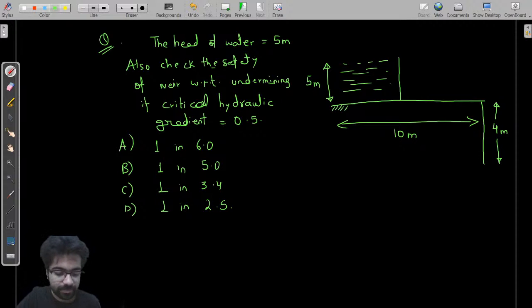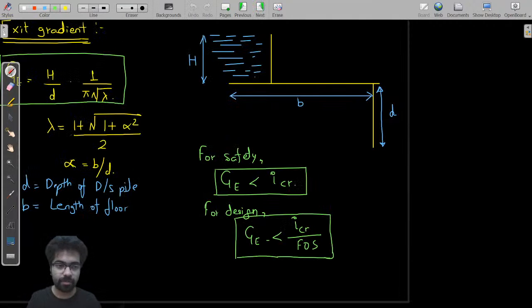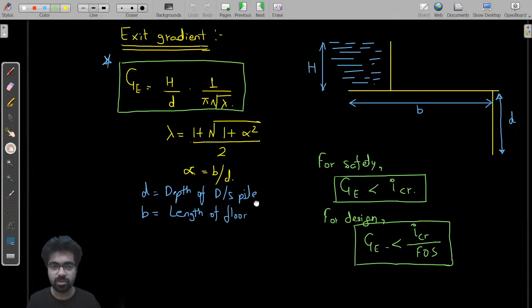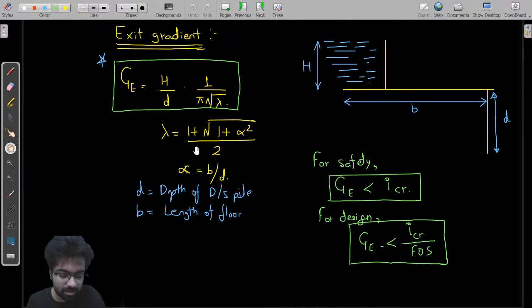Sagar, can you tell? Everyone, please solve. Wait, let me show the previous slide so that you can see the formula. Yes, very good. And is it safe or not?